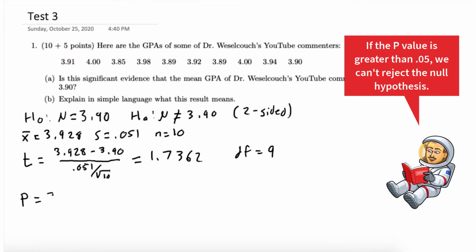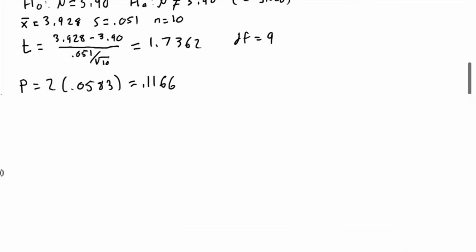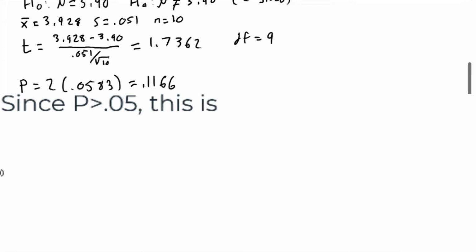So P is equal to 2 times those areas, which is 0.0583. So our P value is 0.1166. And in plain language, since P is greater than 0.05, what can we say?